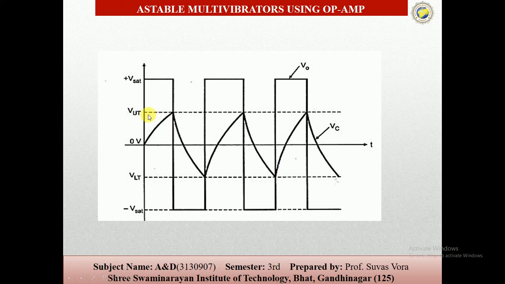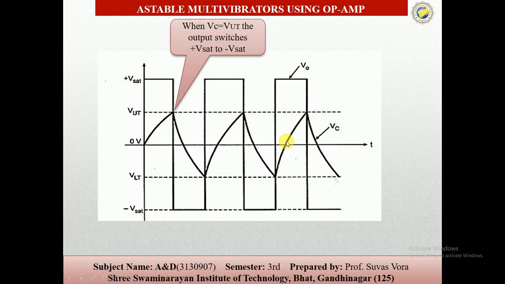We have the upper threshold and the lower threshold voltage set, and at that time we can get the square wave. So in the upper part Vc equal to VUT, the output switches from the positive to the negative state.